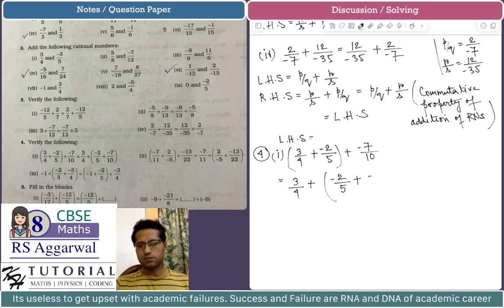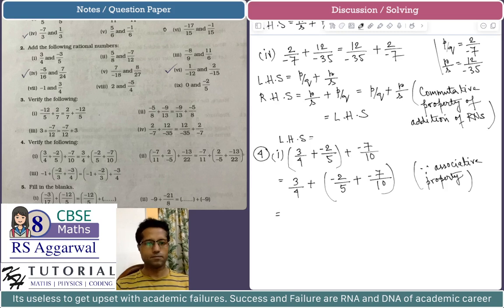So I can do this. This will be equal, it is better to write, associative property. Actually, it is the associative property of addition of rational numbers. I am not writing all that, I hope you will understand. Using the associative property of addition of rational numbers.